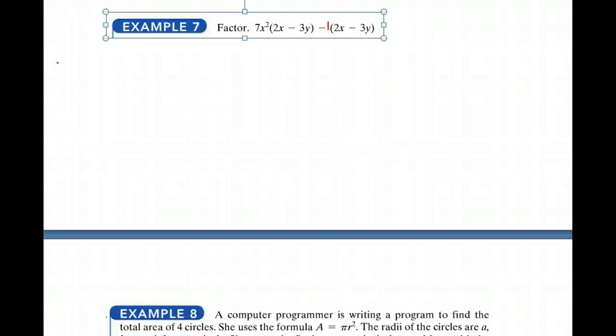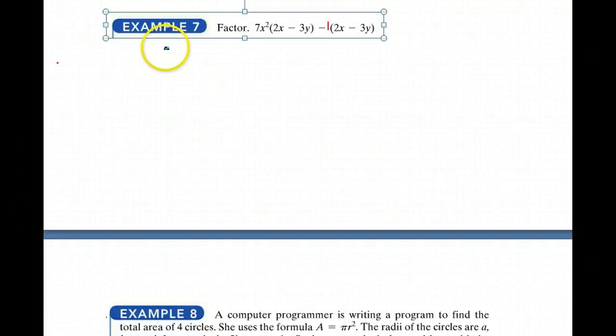Okay, by now you guys should have completed example 7, and you should be ready to go over the answer with me. So the first thing that you should have noted is that you have a common group. So this means that we can use factoring by grouping.